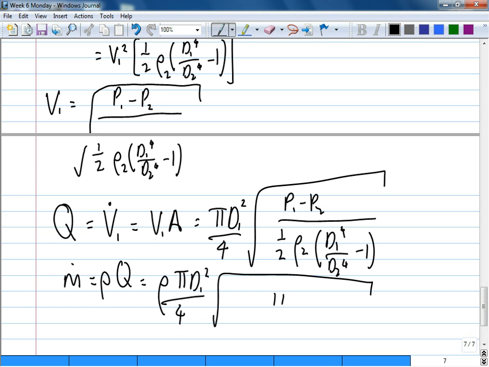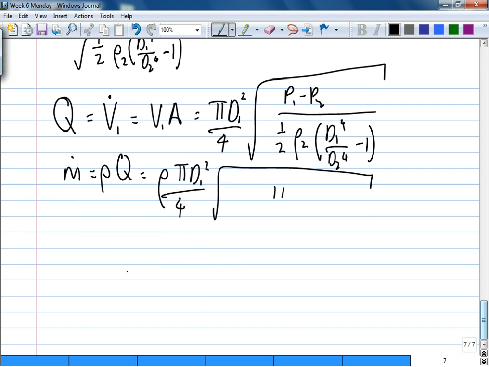We started with the manometer equation, the continuity equation, and the Bernoulli equation, and then based on the pressure measurement here, once we measure the pressure, we can work out what the flow rate is. Okay? Any questions so far?